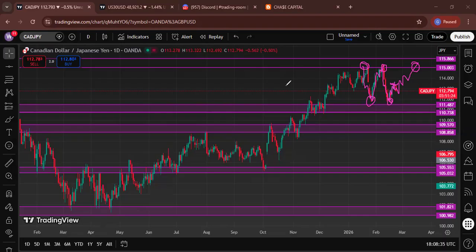I opted for cleaner charts like AUD JPY and GBP JPY.